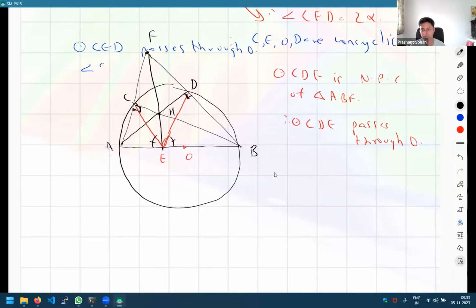Any other approach for anybody? Okay, if not, then as usual, we should think about what was so special about this question, why the solution works in this case. What are the properties we are using?